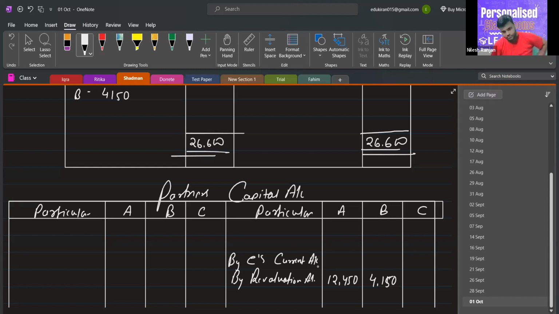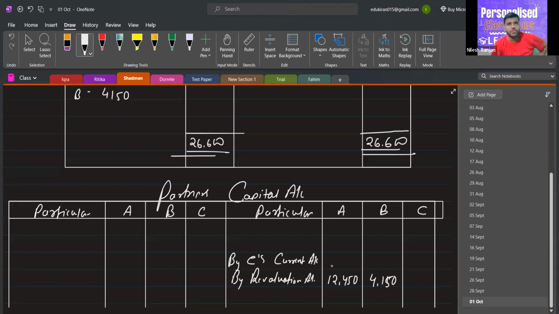So now we are going to C. We have to take it from C's capital, but the question says that we have to transfer the balance into current account. So we are taking from C's current account.